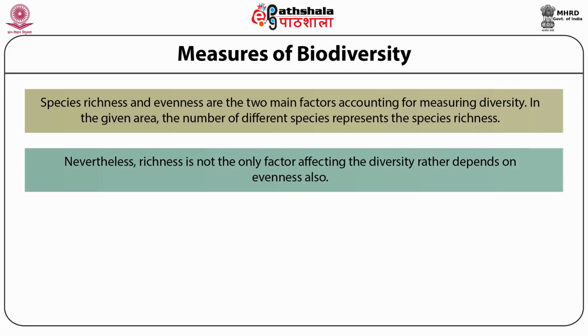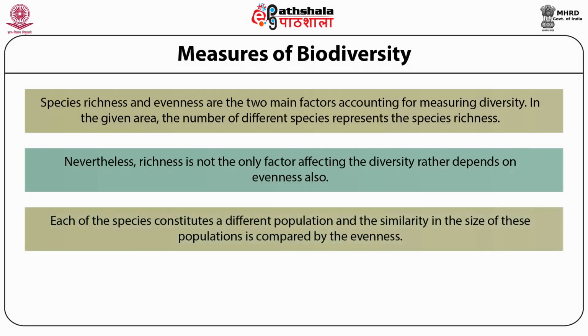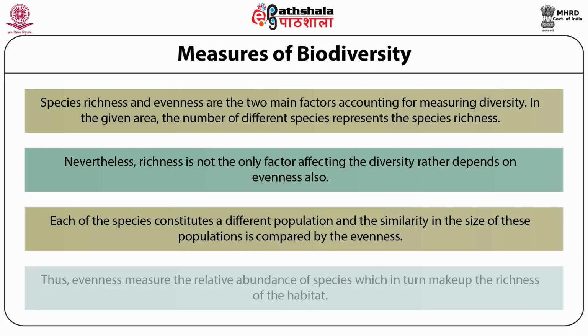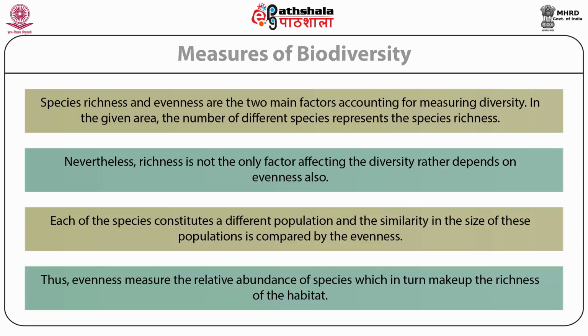Each of the species constitutes a different population, and the similarity in the size of these populations is compared by the evenness. Thus, evenness measures the relative abundance of species, which in turn make up the richness of the habitat.